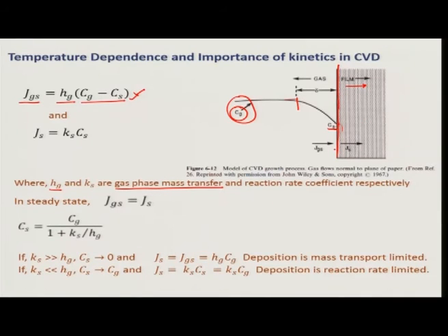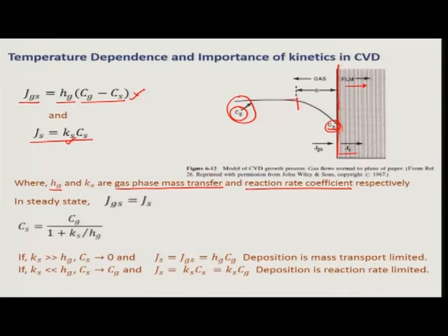Now, the flux which is being consumed to convert these gases into film will depend on the film deposition rate. So, the film deposition rate will depend on the concentration at the surface and the reaction rate.